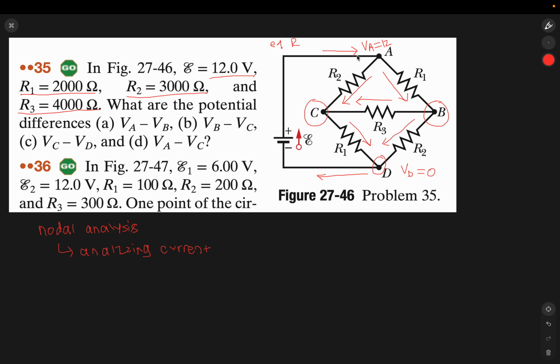Now, we're going to be using Kirchhoff's current law in order to do our analysis. Recalling Kirchhoff's current law, it states that the sum of the current into a node is equal to the sum of the current out of the node.